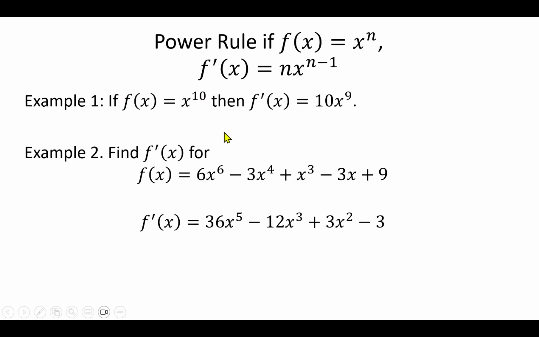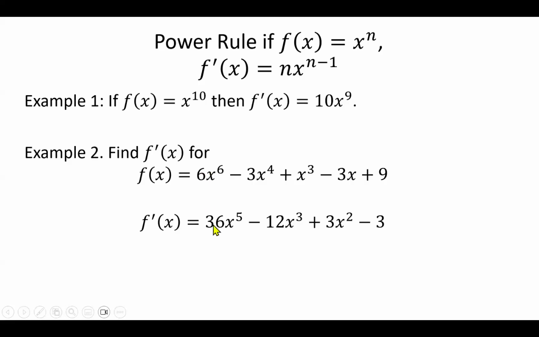Now, if you have a combination of polynomials, of powers, you could apply the derivative individually to each one of them and then just add them or subtract them. Basically, you're using the same sign that they had originally. So if your initial function is 6x to the power 6, the derivative of this piece would bring down the 6 multiplying.